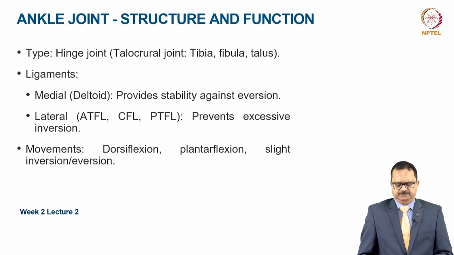The ankle joint. It is a hinge joint, mainly comprising the tibia, the fibula, and the talus. So it's also called a talocrural joint. The ligaments around the ankle joint are the medial deltoid ligament, which provides stability against eversion, and the lateral ATFL, CFL, and PTFL, which prevent excessive inversion.